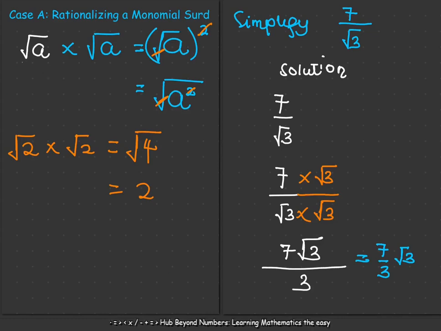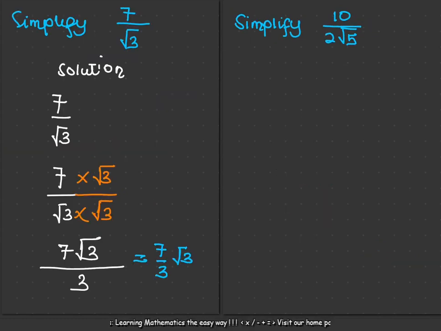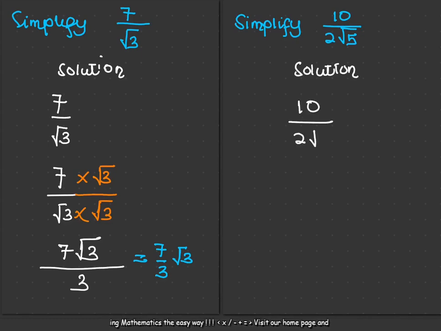Let's pick another example before we go to the binomial forms. So this is what we have here as our second question. We have 10 over 2 root 5. Now, 2 root 5 is an irrational number, and in this case, we want to rationalize it.